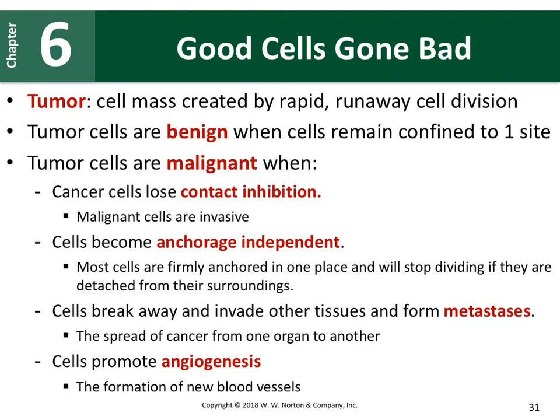But occasionally they lose anchorage independence. In other words, they suddenly can just go off and decide it's time for a nice little jaunt around the individual. When cells break away, they invade other tissues from loss of contact inhibition, and they form different cancers all over the body in different areas, but from the same cell type as the original tumor.